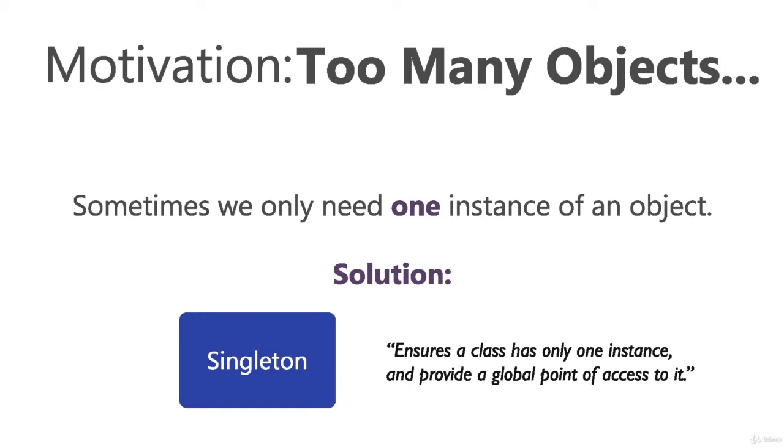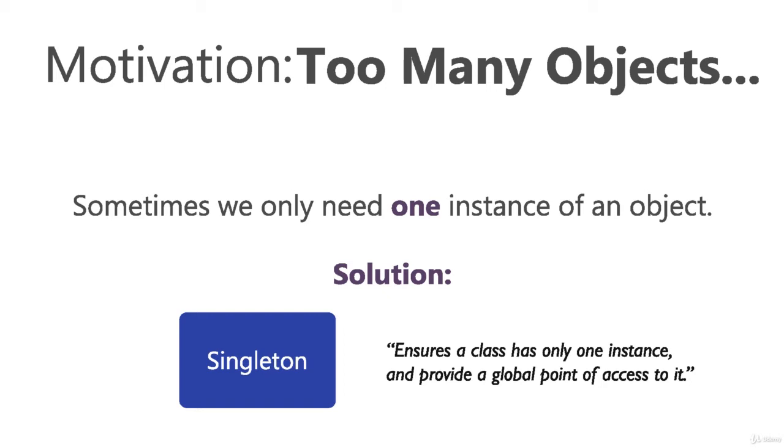So as opposed to having different instances of a certain class, a certain object, when we use singleton, we are saying we just want to get one instance of that particular class. Now you may ask, what would be an example where we would need just a single class? Well, in situations when you know that a certain class doesn't need to be instantiated every time that it needs to be called.